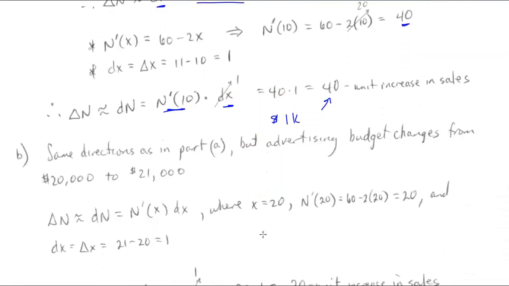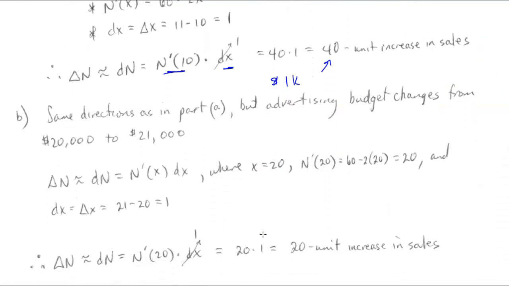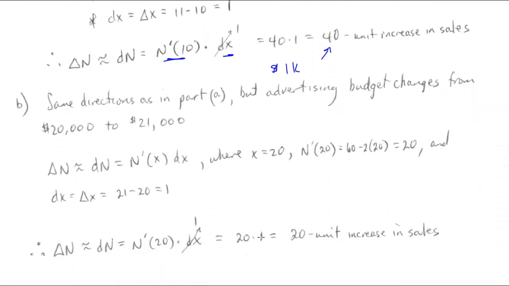Okay, so now we want to do the same thing, but we want to do it at the $20,000 level. So let's say we're currently spending $20,000 in advertising per week. We want to increase that by $1,000. We want to see, all right, well, how much bang for our buck do we get by increasing it by 1,000? So we do the same kind of thing.